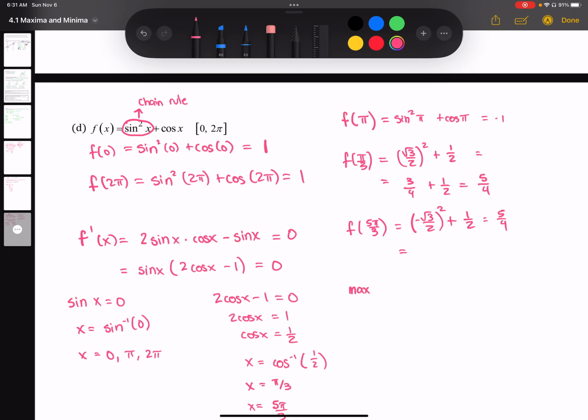So our max is 5/4 at x equals pi over 3 and x equals 5 pi over 3. And our one minimum is -1 at x equals pi.